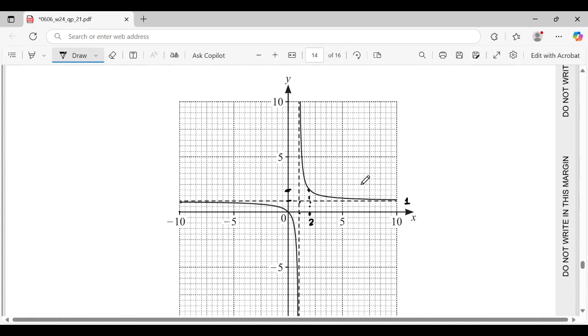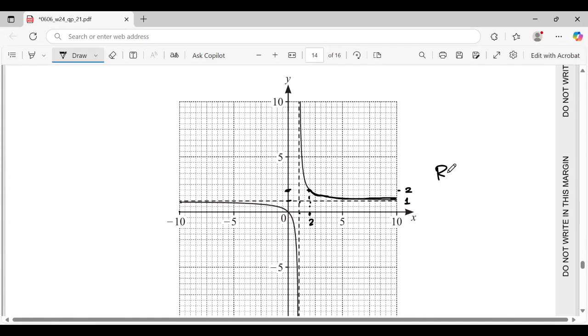So this is 1, this is 2, this is 2.5. So actually the range is from this point to this point, from 1 to 2.